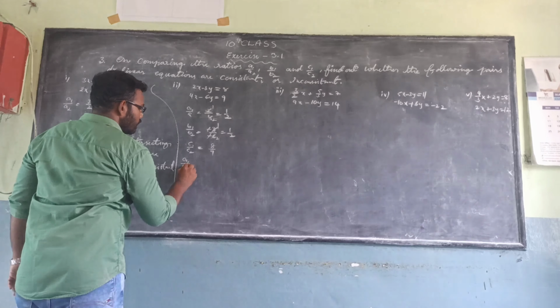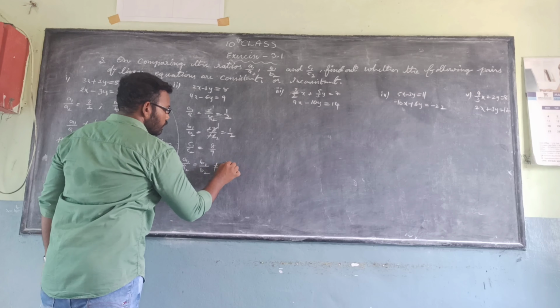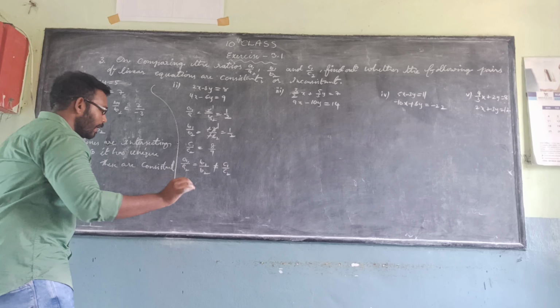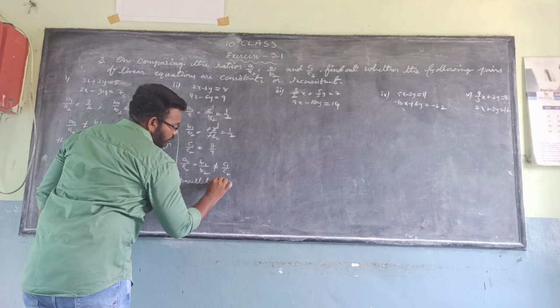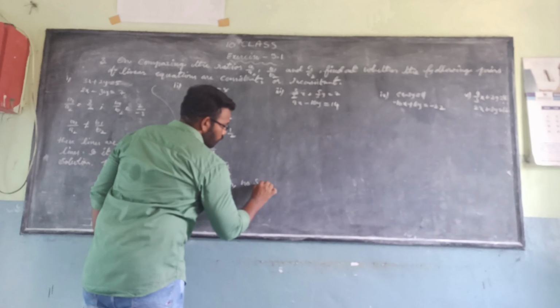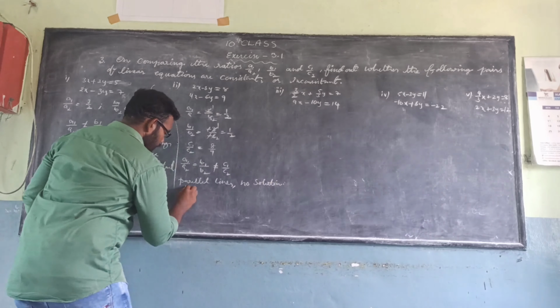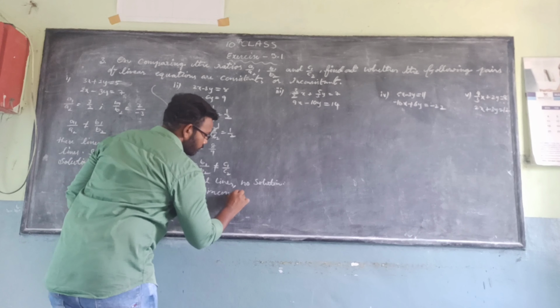So a1 by a2 is equal to b1 by b2, but not equal to c1 by c2. We can say these lines are parallel lines. So no solution. These are inconsistent.